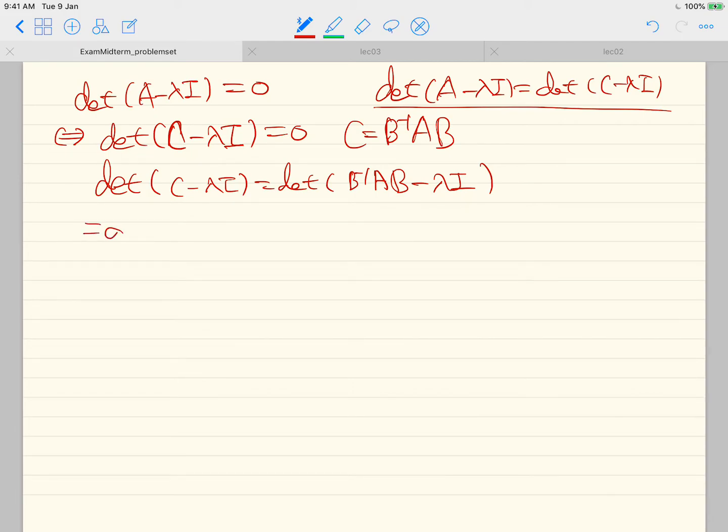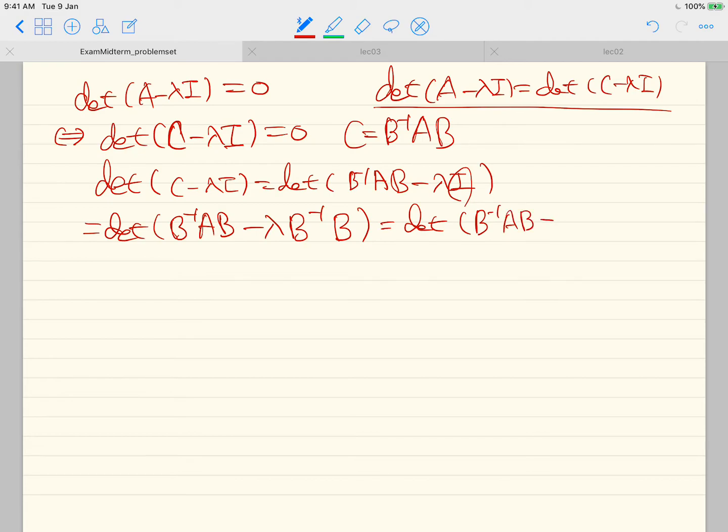And then here, we apply one simple trick: we change the identity into this form, represented as B inverse times B. Then we can factor it out into B inverse A B minus B inverse lambda I B. It is still obvious, right?